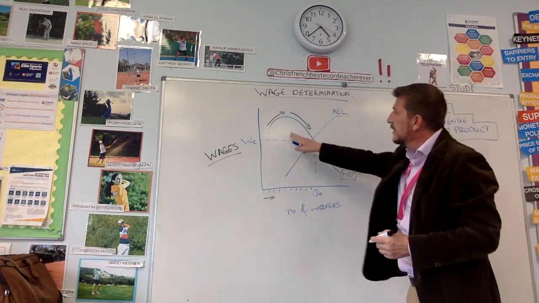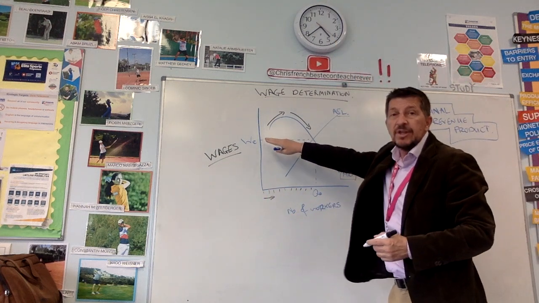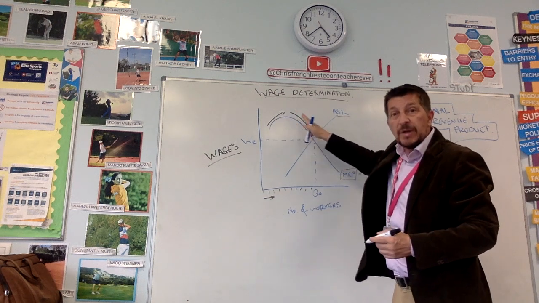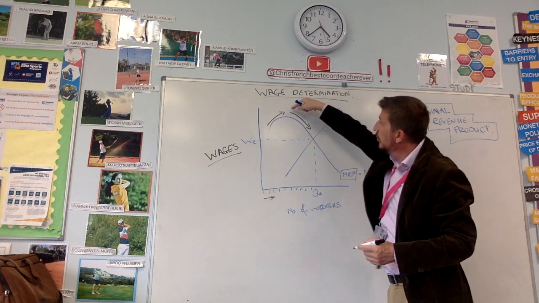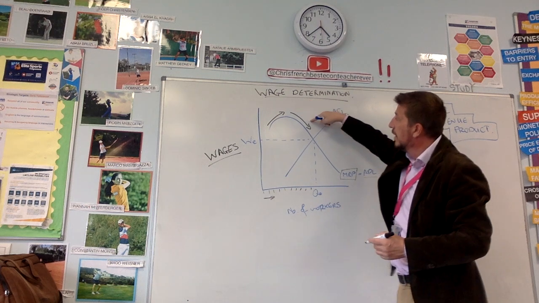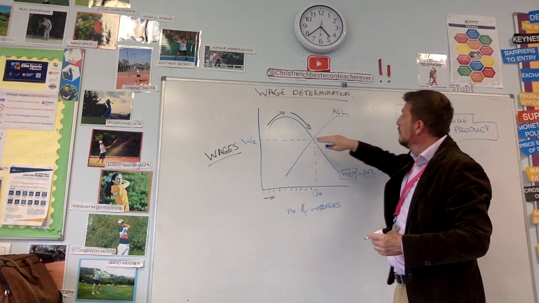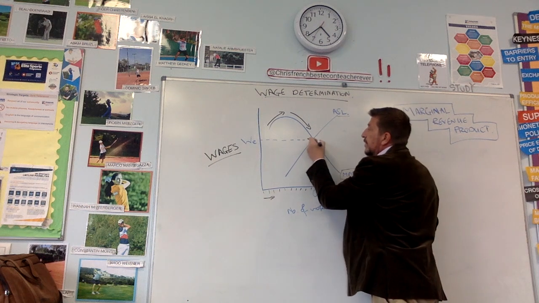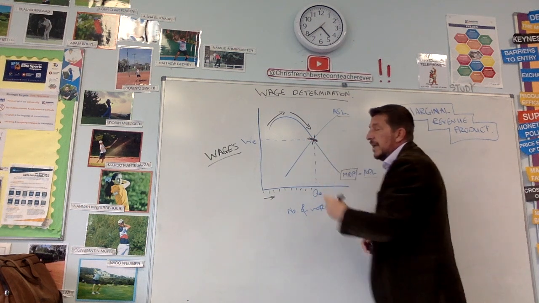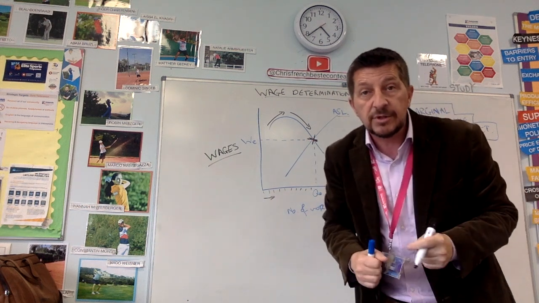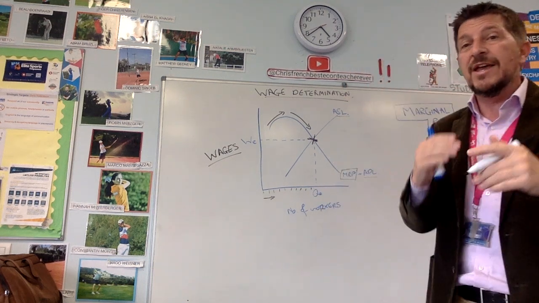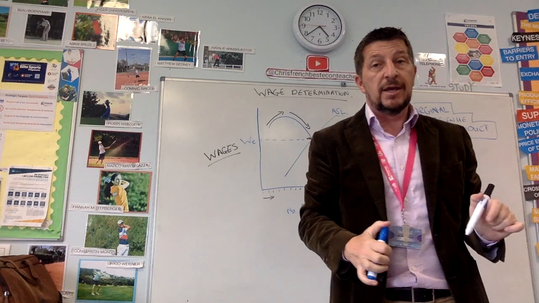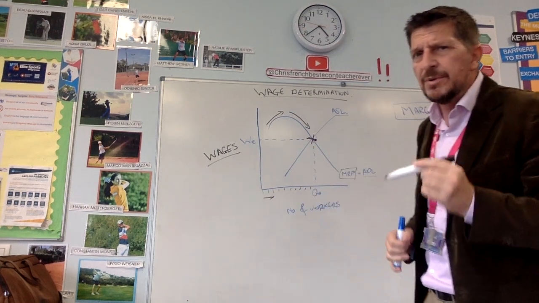So when you add individual workers, to begin with, it's highly beneficial. Then you continue, and it's still beneficial. And you're still going to employ these people here because they are adding more than it's going to cost you to employ them. This point here, however, is really important because that is where we find our balance, we find our equilibrium in that labour market. Because what happens at this point?